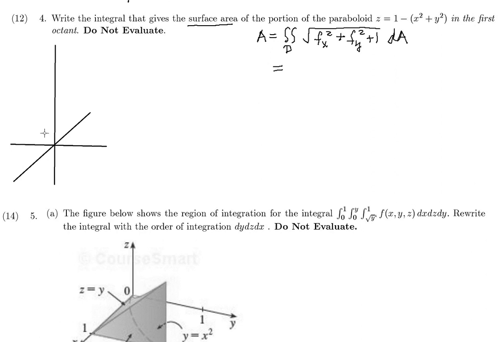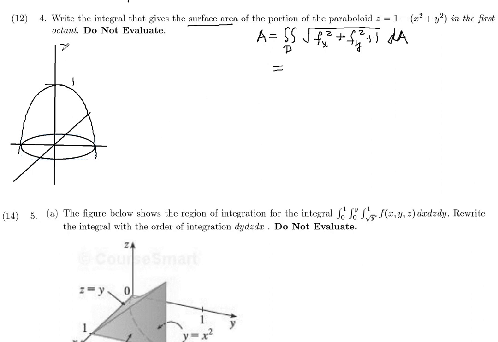We've got this paraboloid, and it's inverted. It hits up here at 1, and that's going to intersect the plane in a circle, like this.